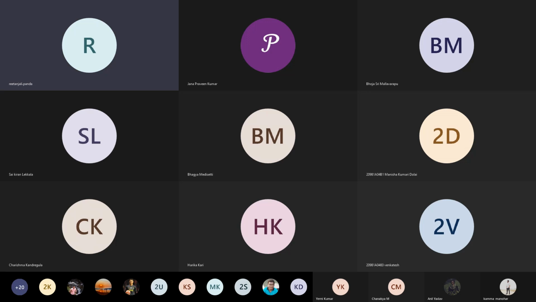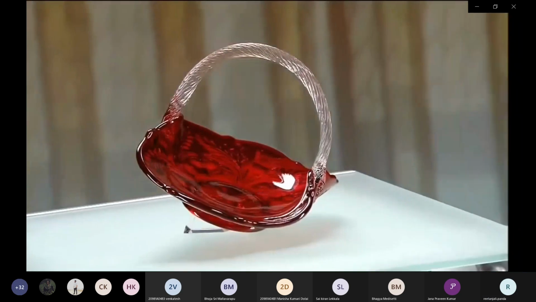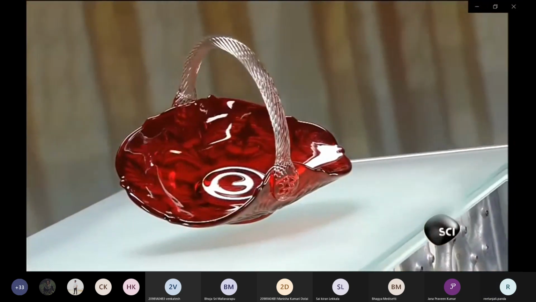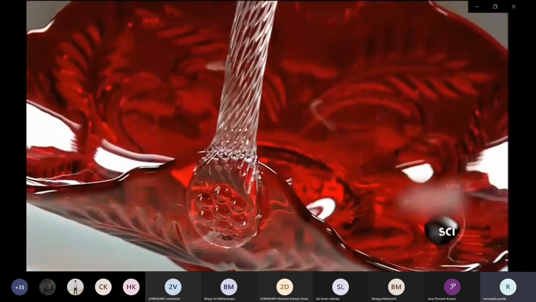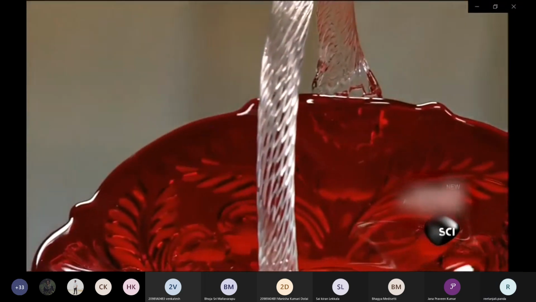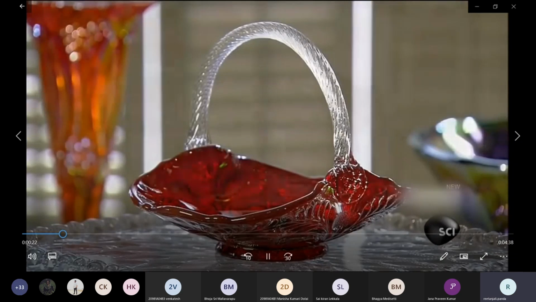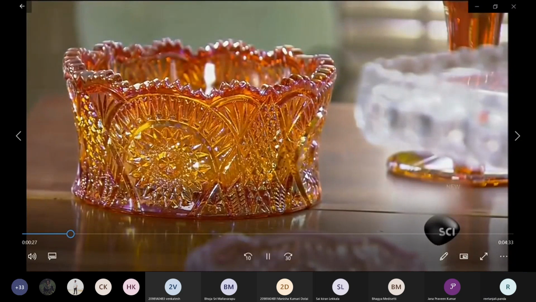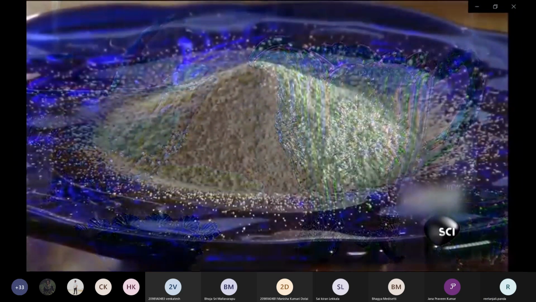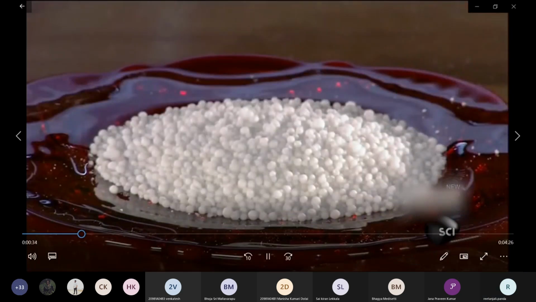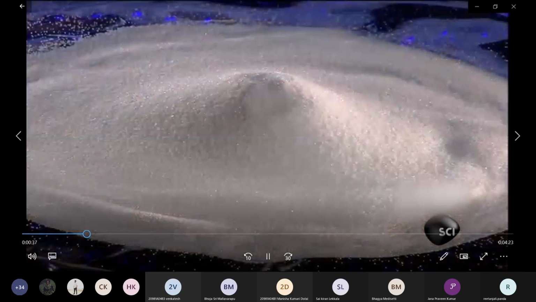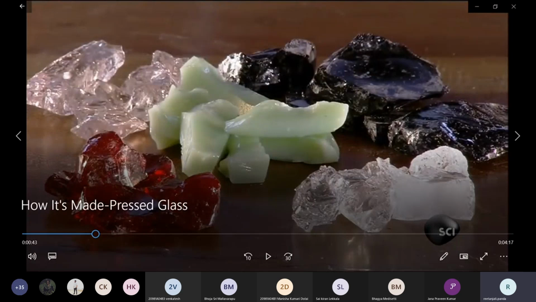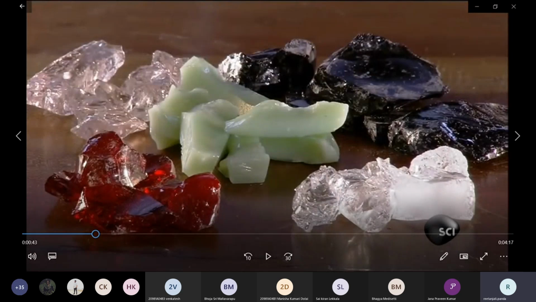See this video. If anyone cannot see the video, please let me know. Are you people able to hear what the video is playing?